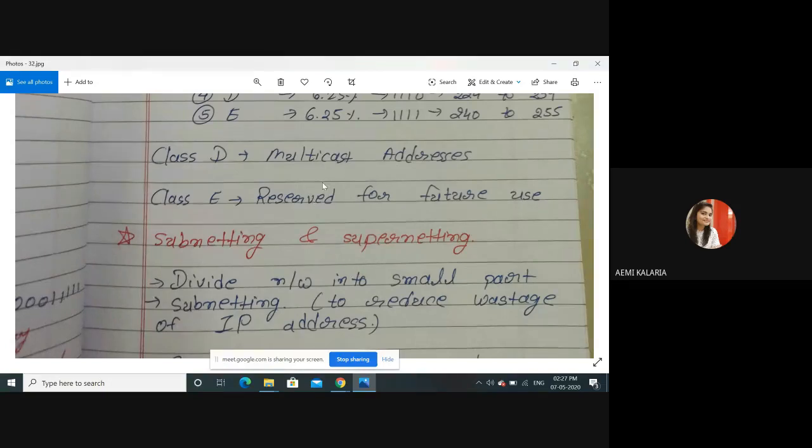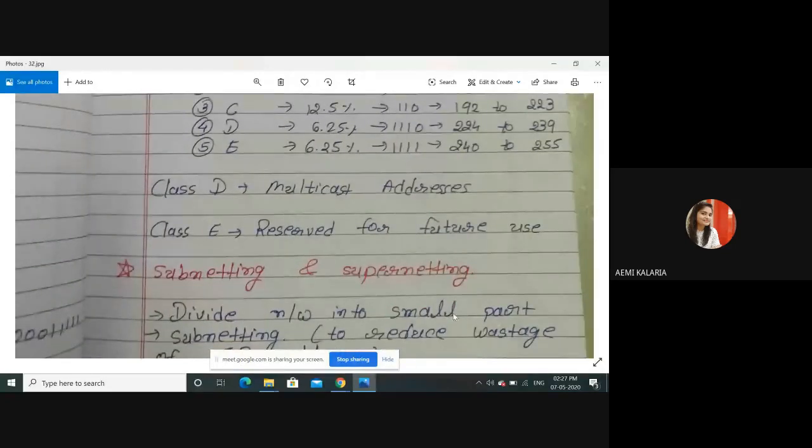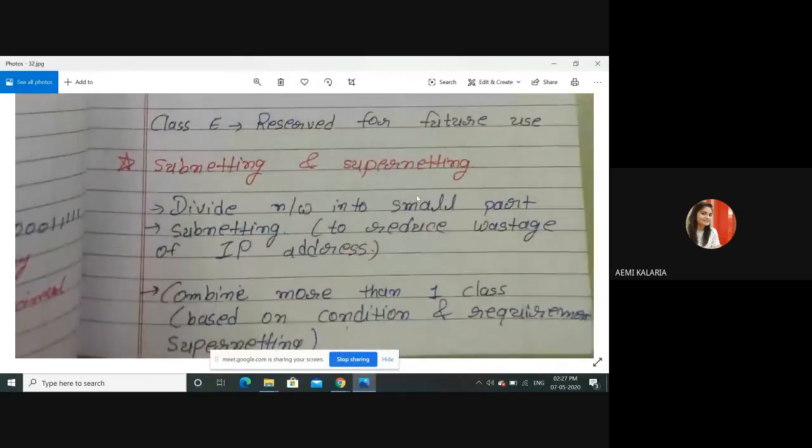Let's say the class A range is very big, right? So if I want to divide my class A network into 4 parts, then what I'm doing, we can call it subnetting, right? So dividing the network into small parts we call subnetting. It is used to reduce the wastage of IP addresses, right? So for that we are using the subnetting concept.